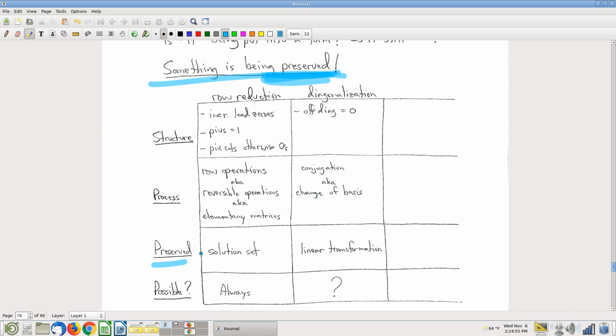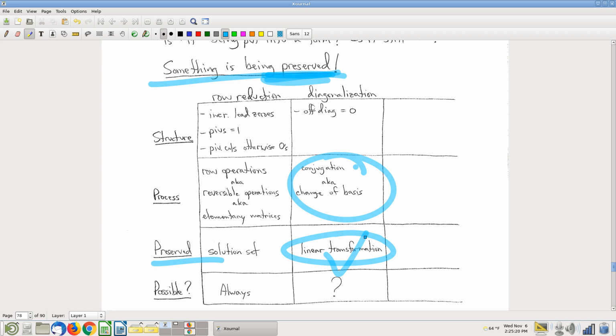Said differently, because we're interested in understanding an underlying linear transformation, we can do this till the cows come home because it preserves that underlying linear transformation. We can just conjugate all you want, keep conjugating. Now, don't we eventually want that process to terminate?